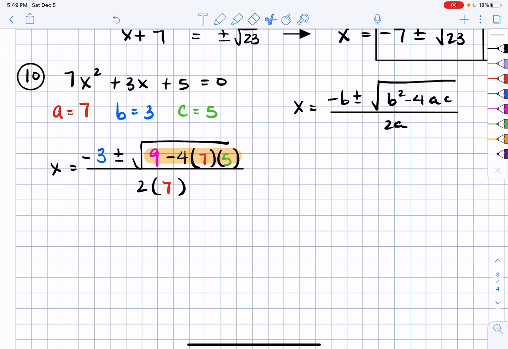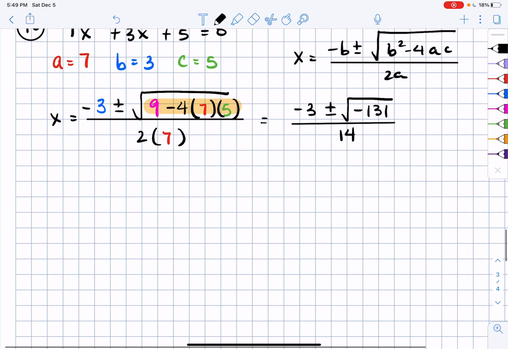So I should get negative 3 plus or minus the square root of 9 minus 4 times 7 times 5, the square root of negative 131, all over 14.